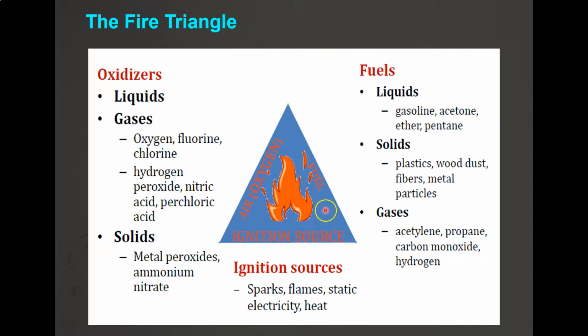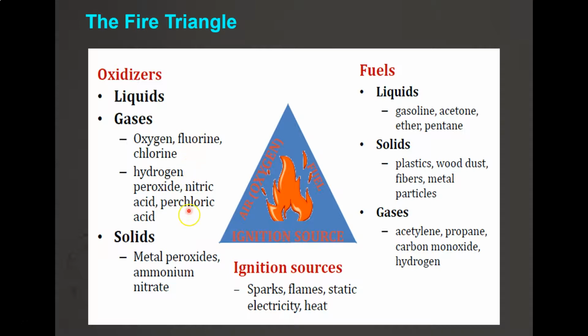In this fire triangle, it should have oxidizers, fuels, and also ignition sources. Oxidizers can be in any form of liquids, gases, and also solids.